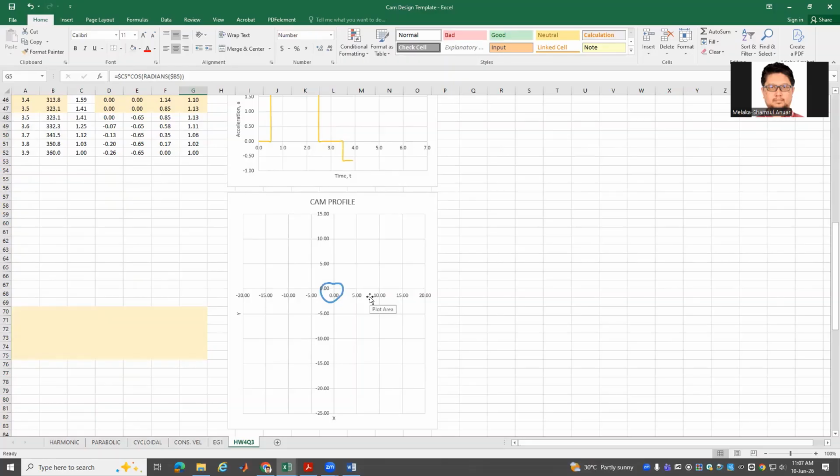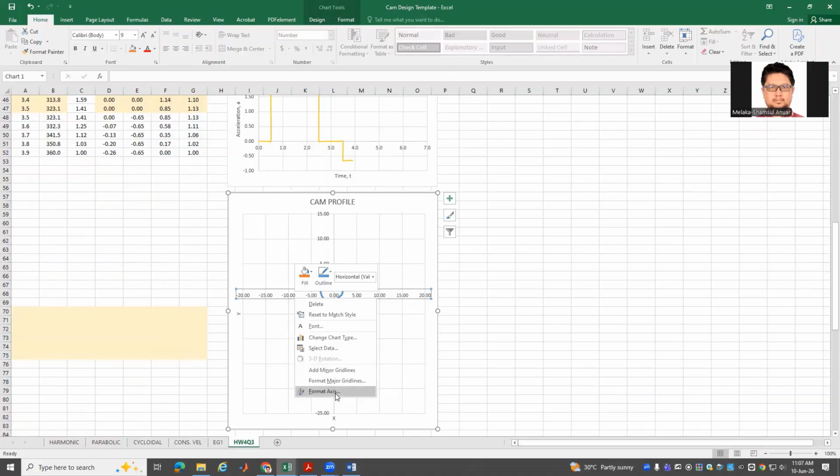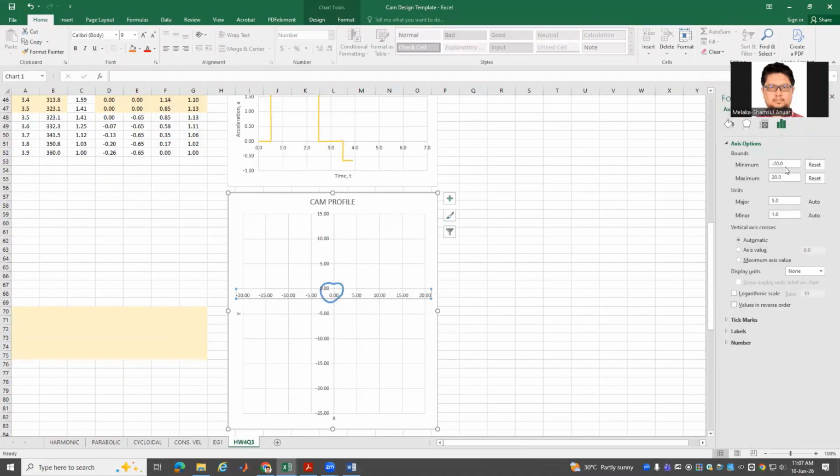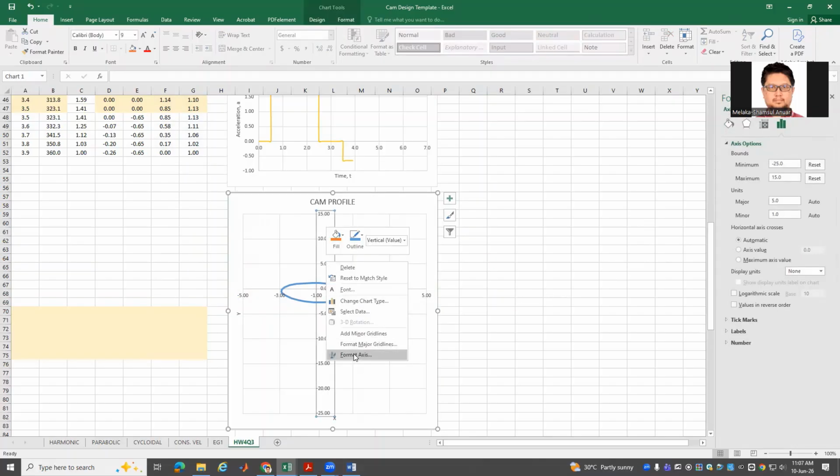So this one also you can change it to get the better, maybe the -5 to 5, and then do the same thing. Or maybe negative. Okay, let's go with that first. And then for this one, -5.